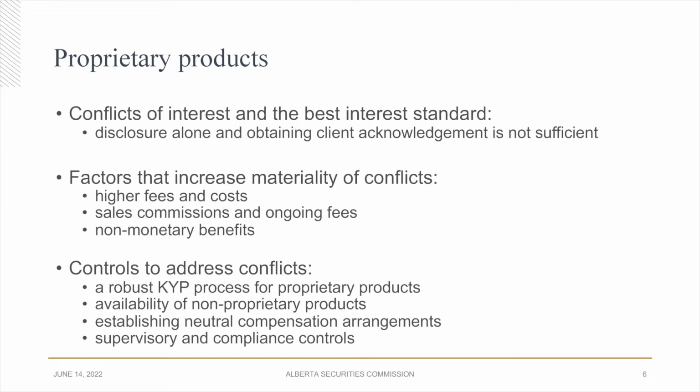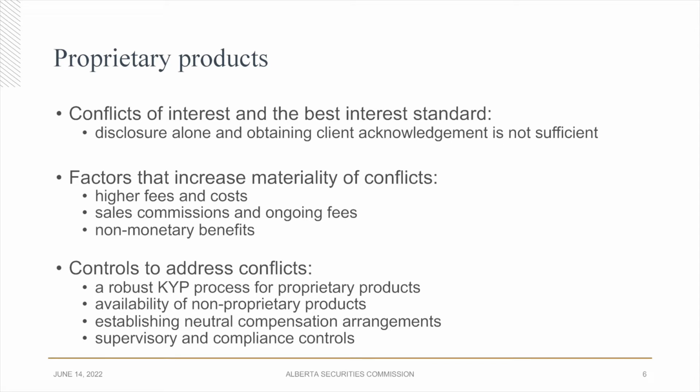There are several factors that increase the materiality of conflicts when trading in or recommending proprietary products in comparison to similar non-proprietary products. For example, proprietary products that have higher fees and costs, which are directly or indirectly benefiting the registrant and its related parties, incentivize the sale of such products.